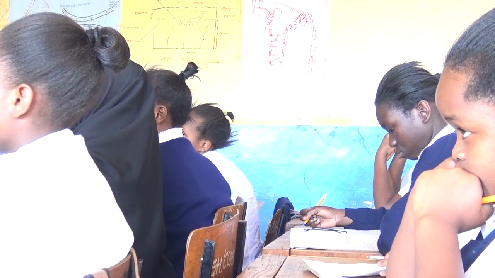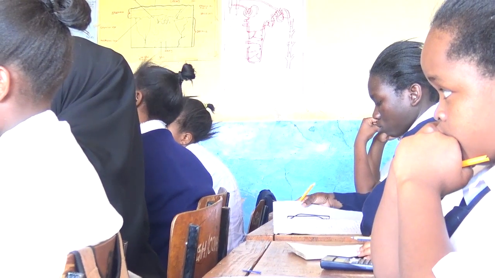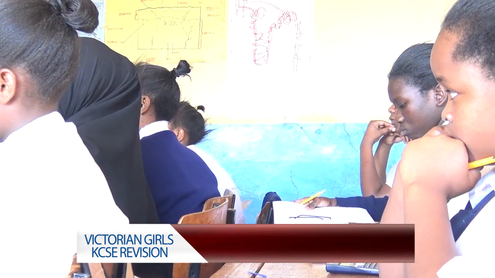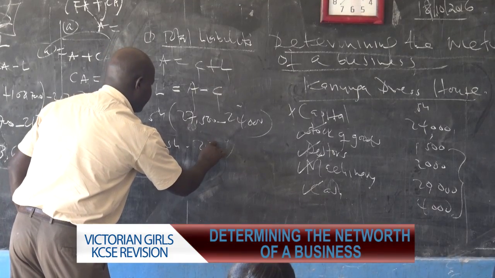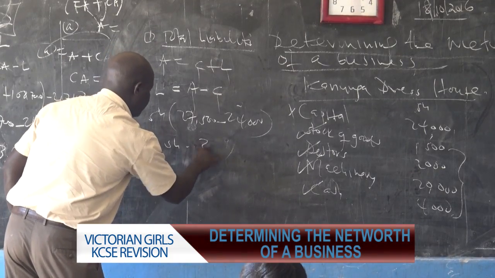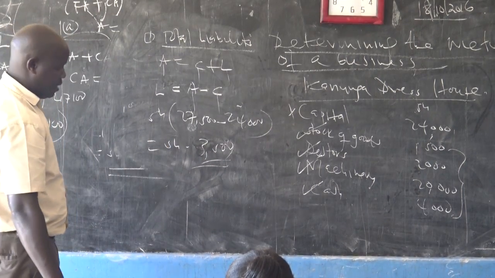Minus 24,000, of course shillings. How much do you get? It is 3,500. This is our liability. If you have to prove it, you can do it.